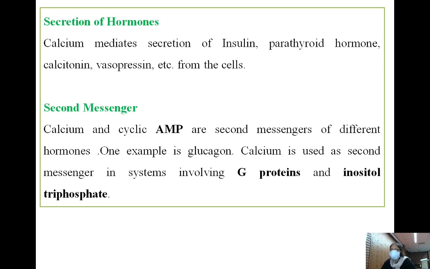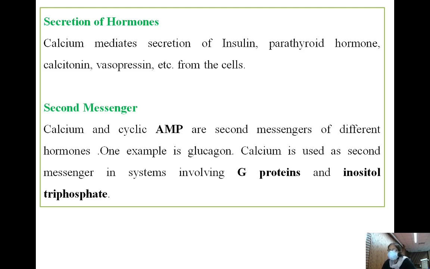From the cells, and it can act as a second messenger also. Calcium and cyclic AMP are the second messengers of different hormones. One example is glucagon. Calcium is used as the second messenger in systems involving the G protein and inositol triphosphate.